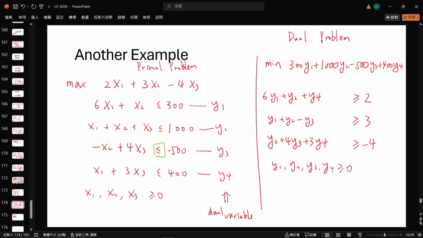So the left-hand side is just some linear or weighted combination of the variables, and the right-hand side is just some constant. So you cannot have some very complex constraints, say for example x1 squared plus the square root of x2 plus log x3. No, you cannot have those. All you can do is to find a weighted combination.